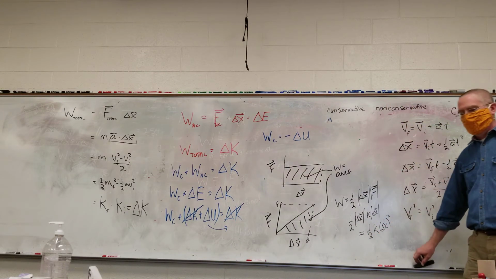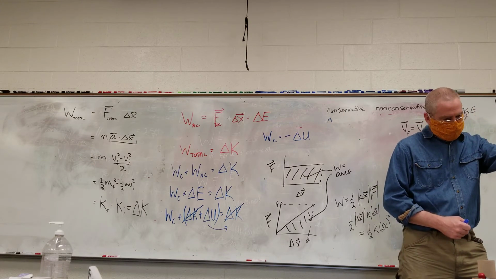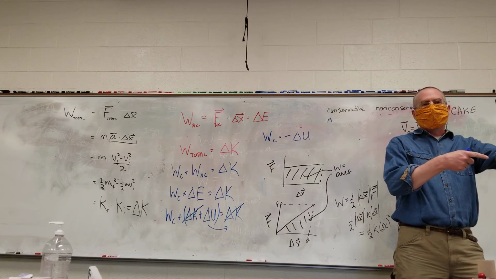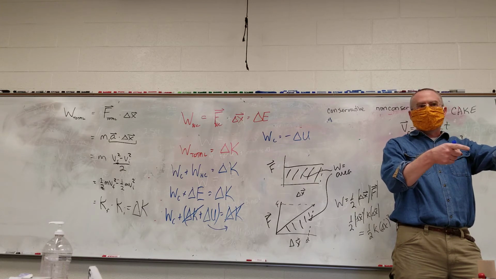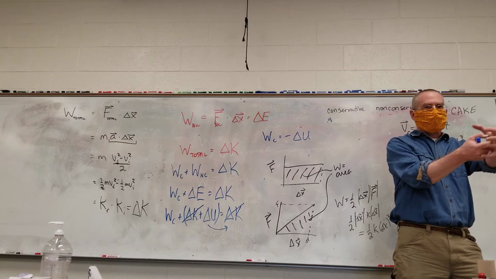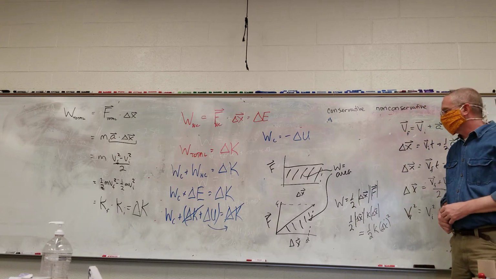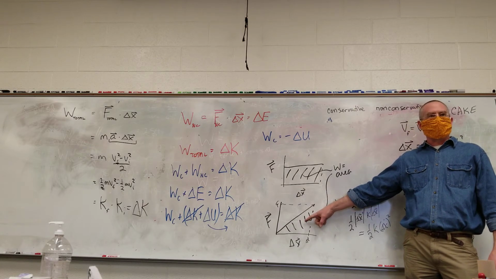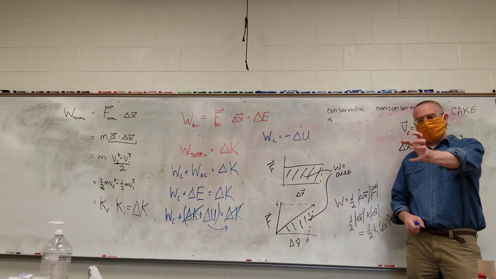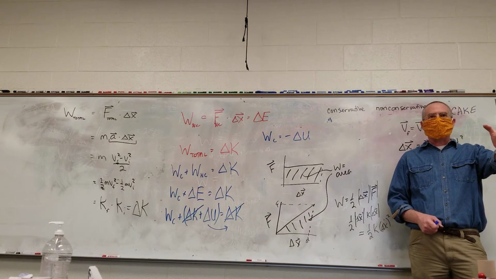All right, so as I take my spring and I stretch it out, I'm doing non-conservative work. The spring is doing conservative work because the spring is exerting a force on this as it's being stretched out. The way I described it, this is basically the work I'm doing here. The spring is doing the exact same amount of work because as I pull it out to here, there's no change in kinetic energy.